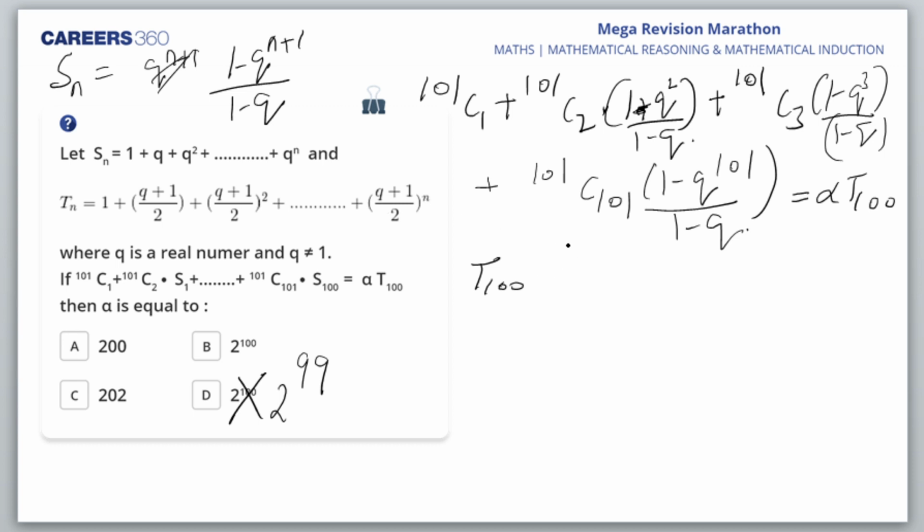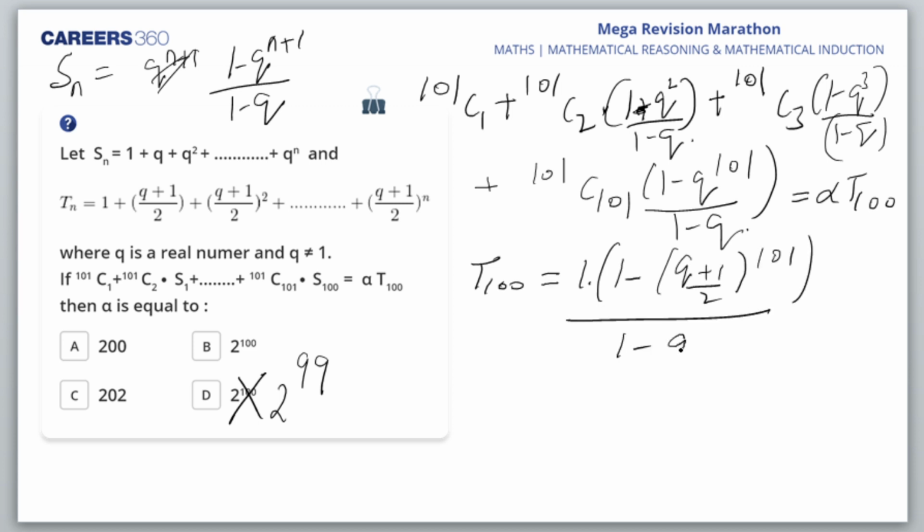So T100 would be: first term 1, common ratio would be (Q plus 1) by 2, number of terms 101, so 1 minus ((Q plus 1) by 2) raised to power 101 upon 1 minus (Q plus 1) by 2. Am I right? This would be T100.